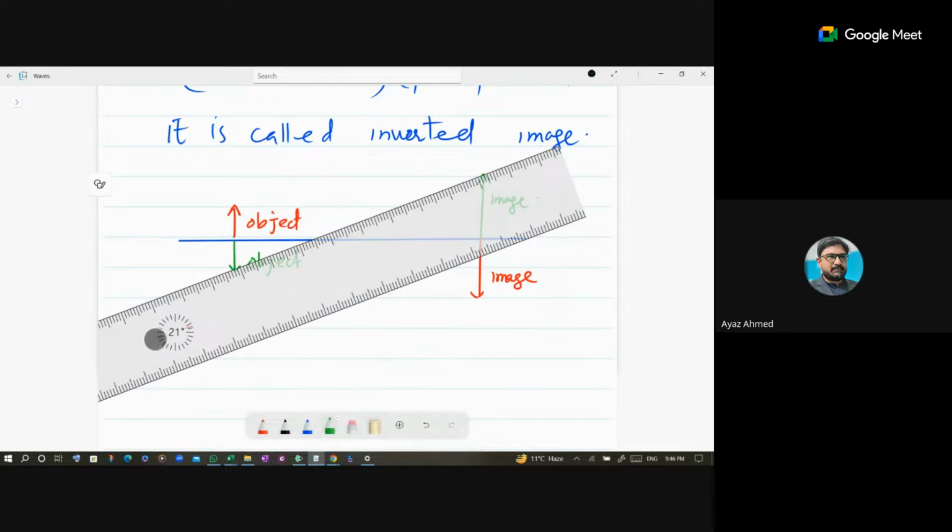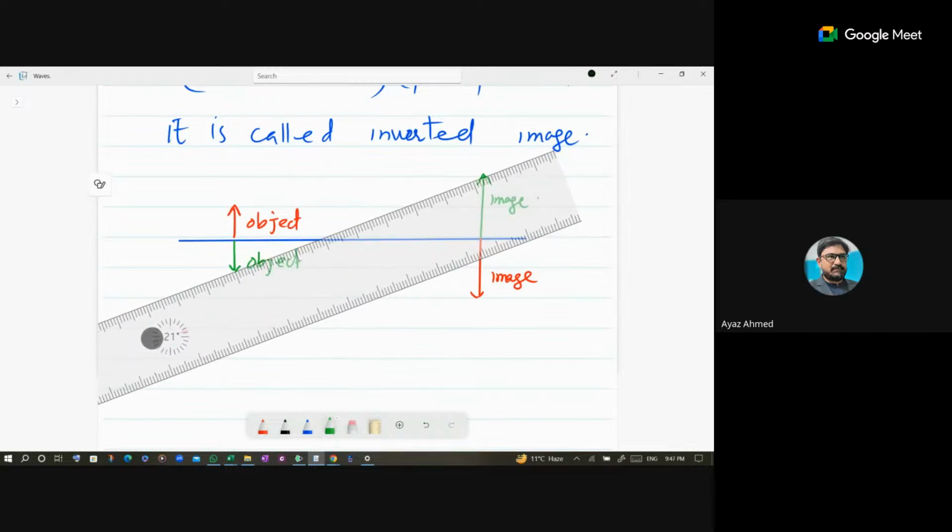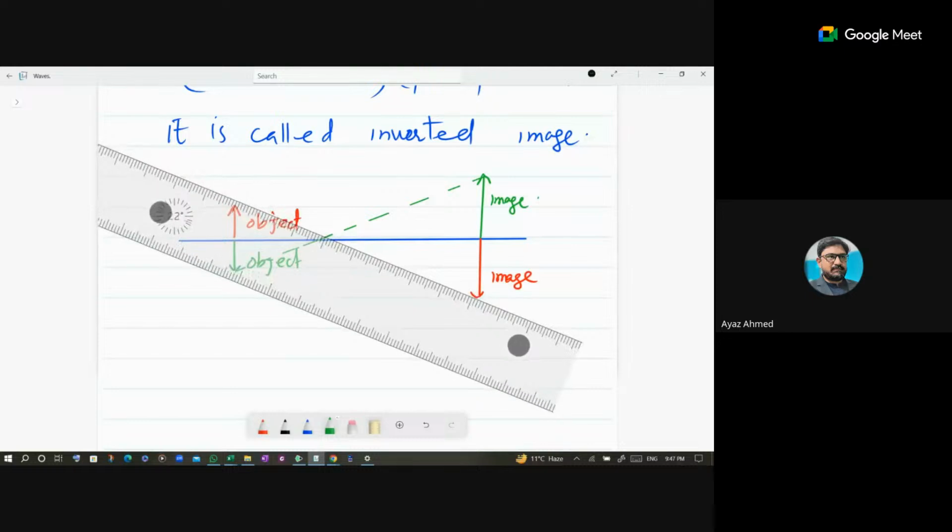The tip of the object will appear as the tip of the image over here.